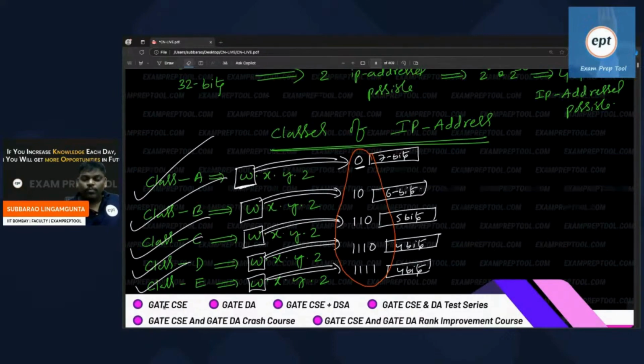To get more clarity, can you see this one? The first bit is 0, or the first bit is 1.